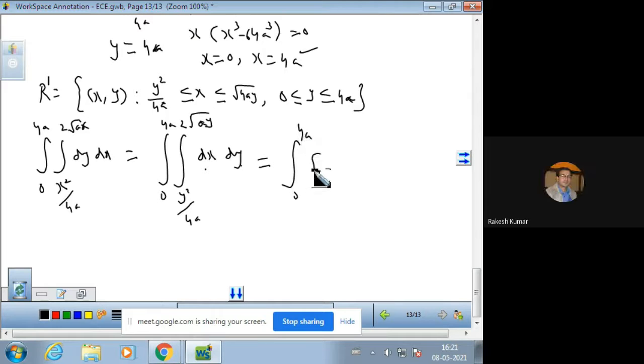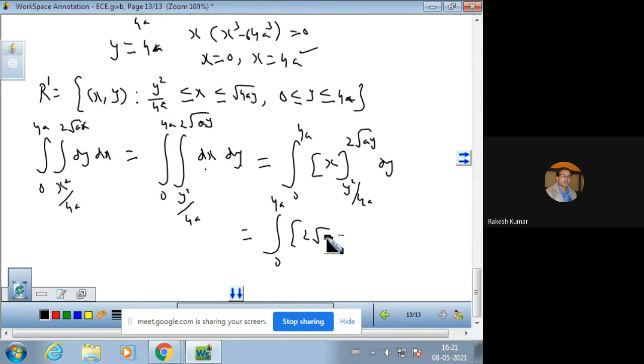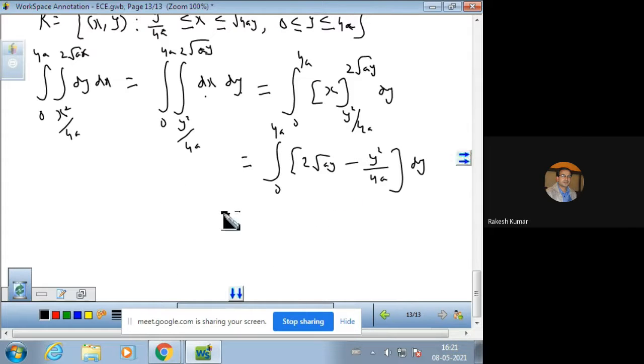So let us integrate with respect to x first. The integral of dx becomes x, and you use the limits: upper limit 2 square root ay minus lower limit y square over 4a, dy, with y from 0 to 4a.